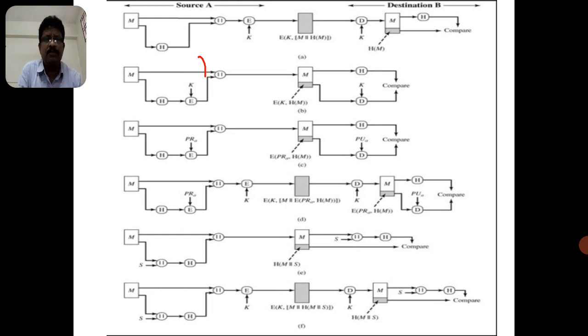In the first diagram, the concatenation is taken between M and H of M, after that we apply the encryption. In the second diagram, whenever we apply the hash function, immediately we apply the encryption function, then we concatenate. So the two diagrams are the two combinations: apply the encryption after concatenation, or before concatenation.